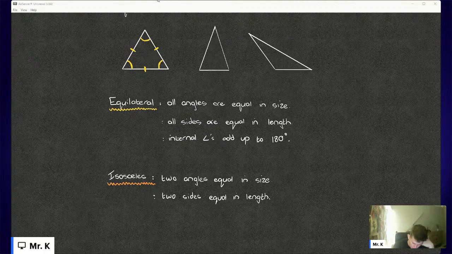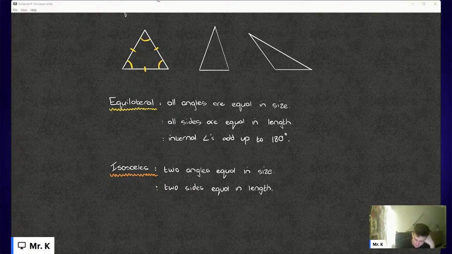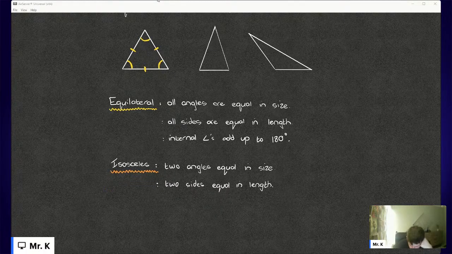Right. Two angles equal in size and two sides equal in length.